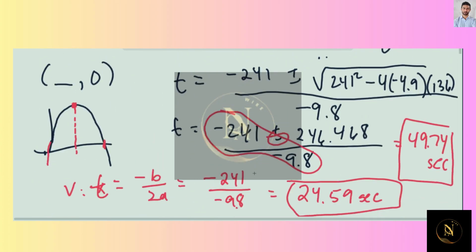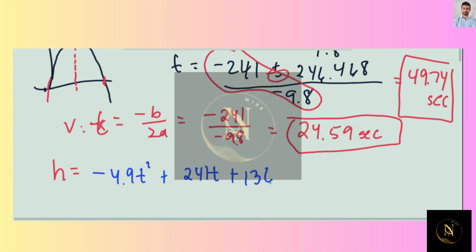I'm going to store this value so I don't have to retype it: hit store, call it A. Then I plug in negative 4.9 times alpha A squared, plus 241 times alpha A, plus 136. I find out that the height is very high, 3,099.3 meters above the water.